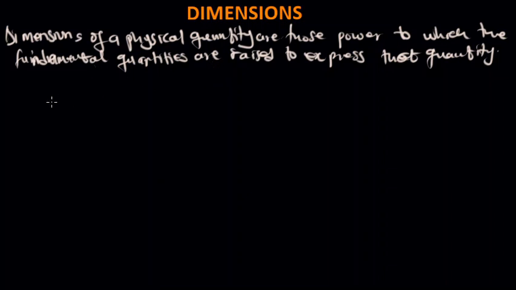So basically, let's look at a few dimensions we have. Some fundamental quantities and their dimension. We start with mass. Mass has a dimension of capital M, and then we have time.